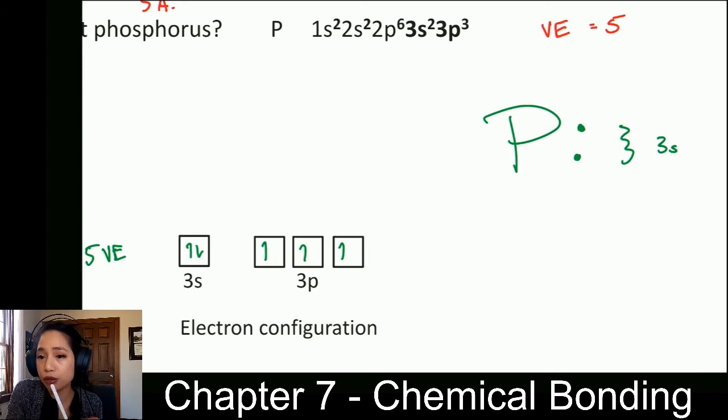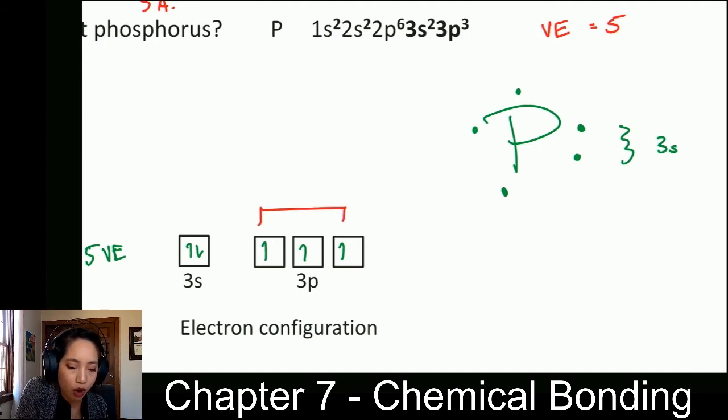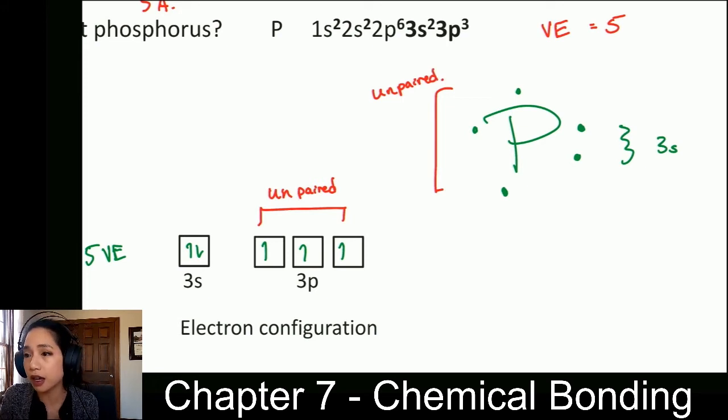Now we want to place those 3p electrons equally around the phosphorus in the different quadrants around the atom. So I'm going to draw them like this, because these electrons that I just drew are all unpaired. So you want to make sure when you draw the Lewis dot structure that the unpaired versus paired electrons are reflected in that. So this is the Lewis dot structure for phosphorus.